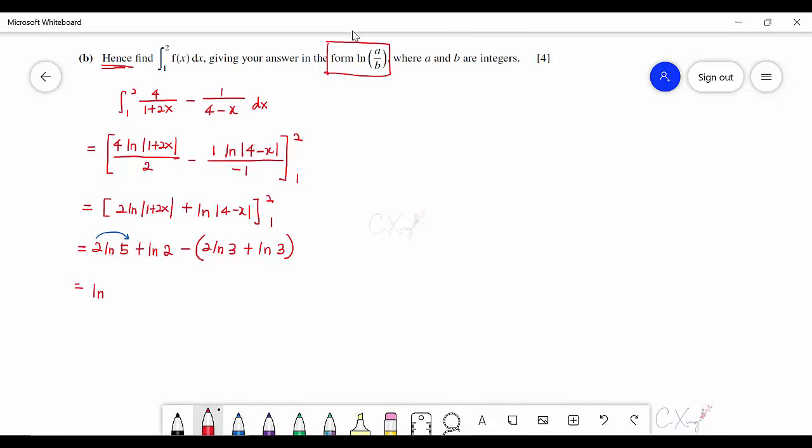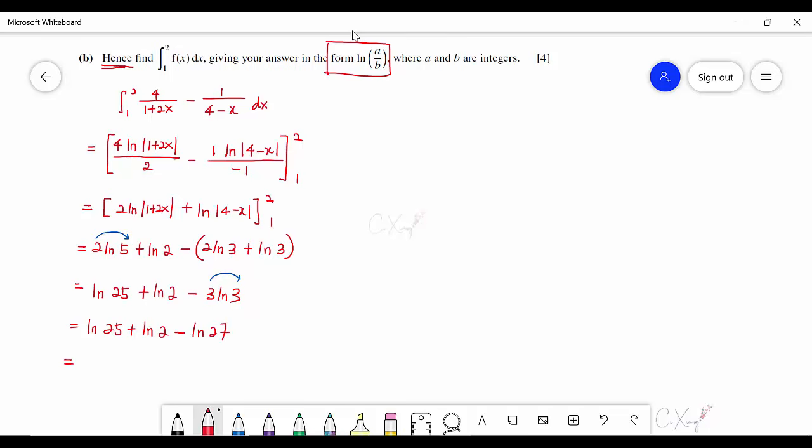Okay, so for this part, I'm having ln 25 plus ln 2 minus 3 ln 3. So again, the 3 ln 3 here, I will move the 3 back as a power, all right? And therefore, I will have ln 27.